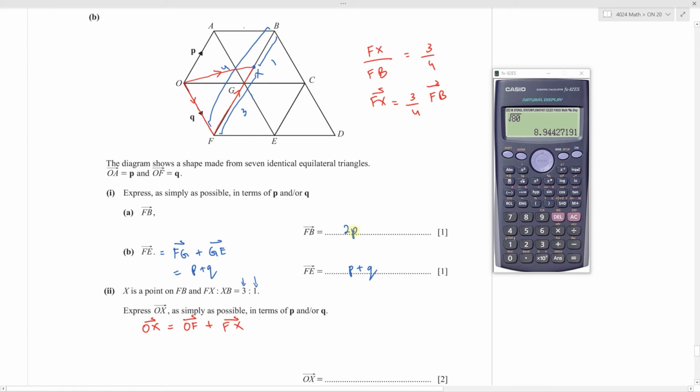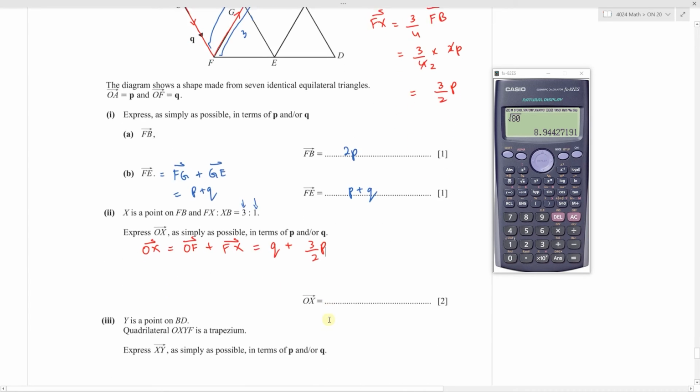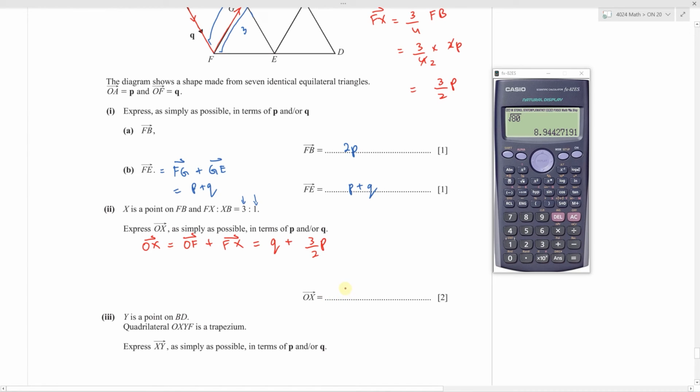You have calculated FB, which is 2P. So this is 3/4 times 2P. 2 ones are 2, 2 twos are 4, so this is 3/2 P. Now we can substitute the values: OF is Q plus FX is 3/2 P. So your value for OX will be Q plus 3/2 P.